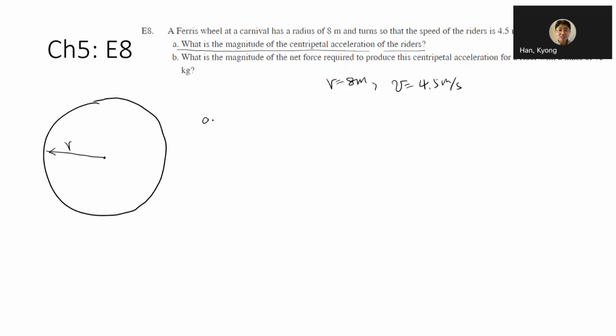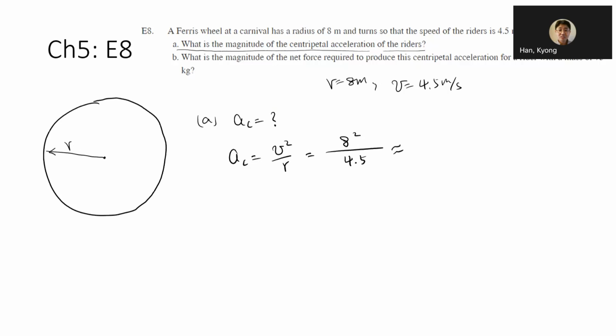Centripetal acceleration is simple. We just need to find a_c, using the formula as we did before: a_c equals v squared over r. Velocity, or speed, is 4.5, and the radius is 8.